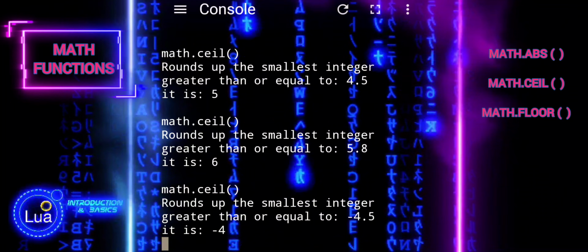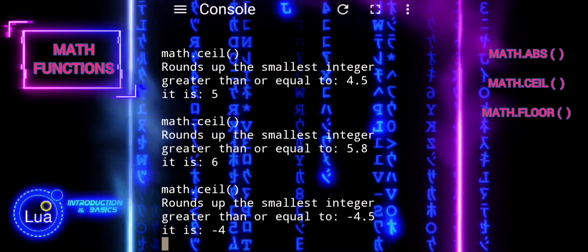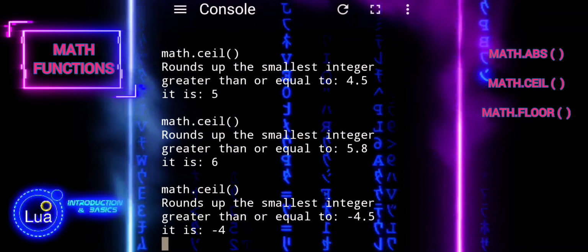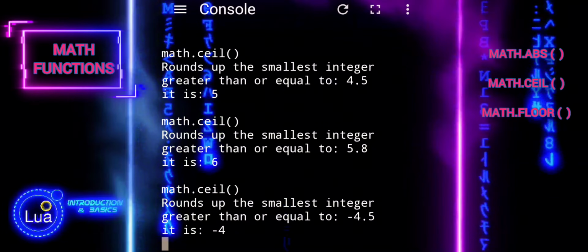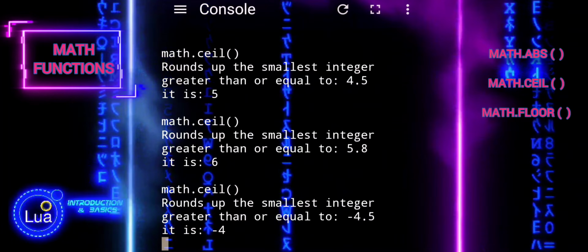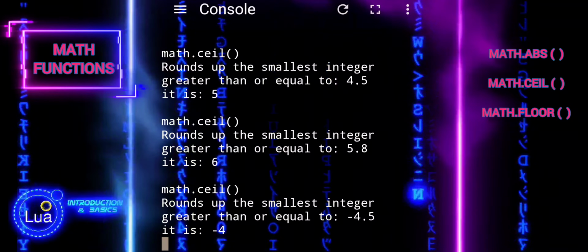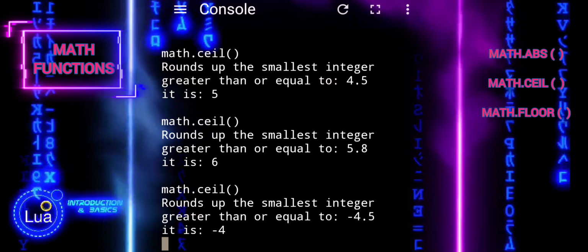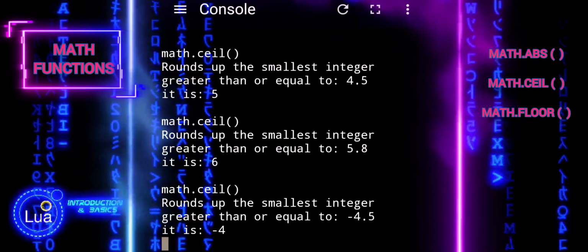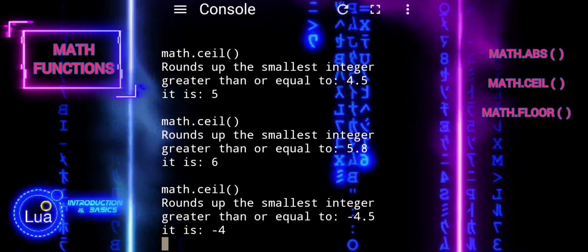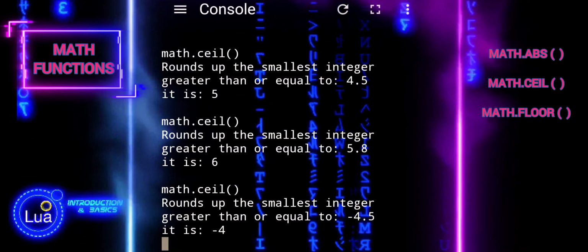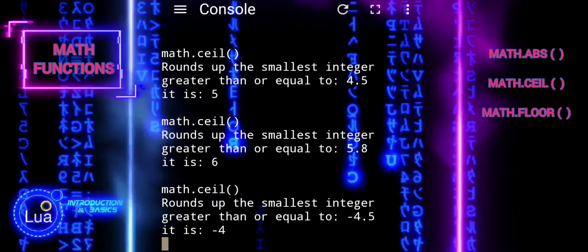Variable y equals 5.8. Again, math.ceil rounds y up to the smallest integer greater than or equal to 5.8. The result is 6, because 6 is the smallest integer greater than 5.8. Variable z equals -4.5. Here math.ceil rounds z up to the smallest integer greater than or equal to -4.5.